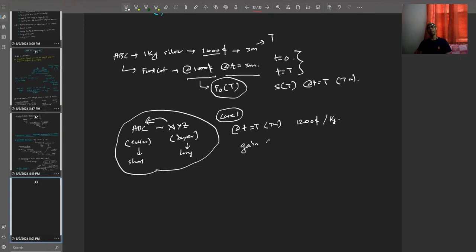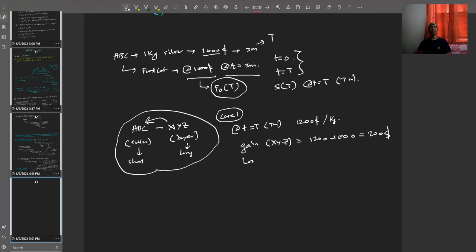Gain to the buyer, that is XYZ, is equal to 1200 minus 1000. This is equal to $200. Why? Because from the market, if he had to buy, he would have had to buy it at 1200. Now he bought it at 1000, so he made a gain of $200.